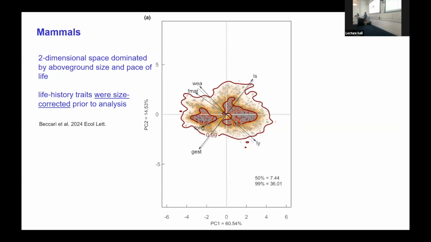I think that taken together, all these findings point to the existence across kingdoms of a fairly limited number of predictable trait combinations that include but go well beyond those expected solely on the basis of shared ancestry. And body size and pace of life is almost universally important.